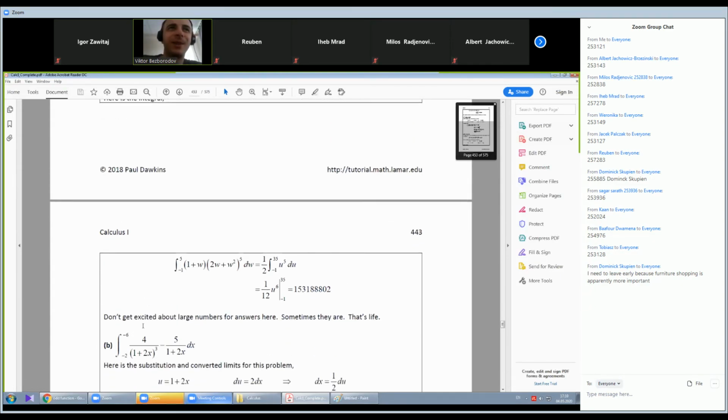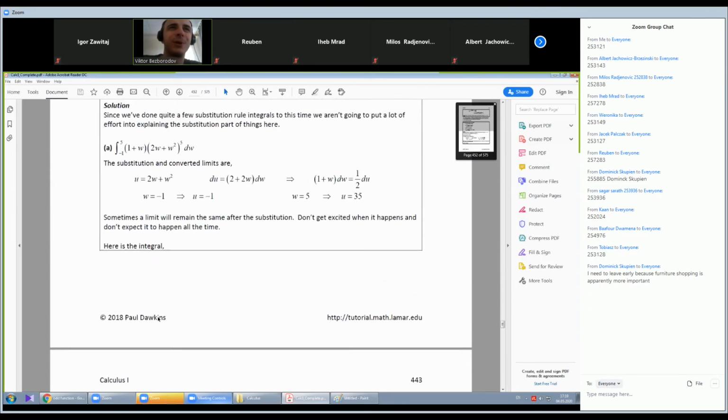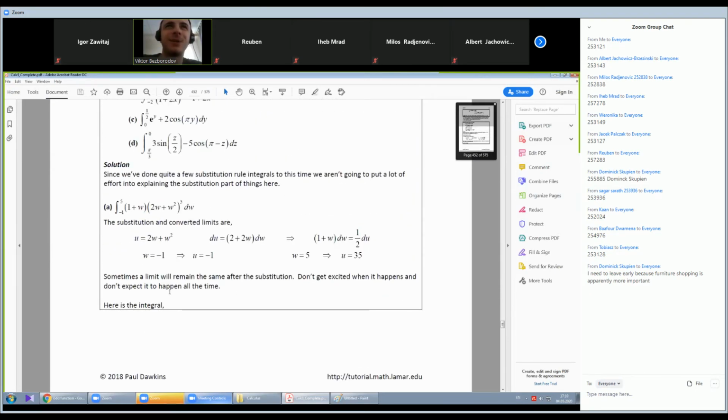The author of the manuscript urges you not to get excited about different things. I don't know who will get excited, but sometimes, of course, the limits can, if w is -1, then u of -1 can also sometimes be -1, so it just happens.